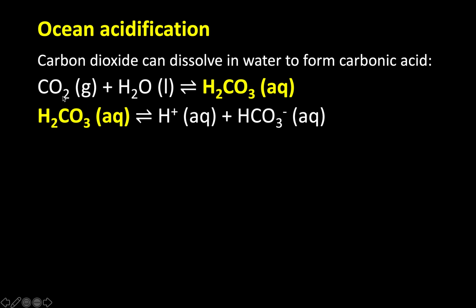At any rate, we have carbon dioxide and water that makes carbonic acid. That carbonic acid goes on to dissociate, or split up, into two separate pieces. We can see the hydrogen ion there, of course, is the acid piece of this. It is a weak acid, but over time it does have a big effect on the oceans.